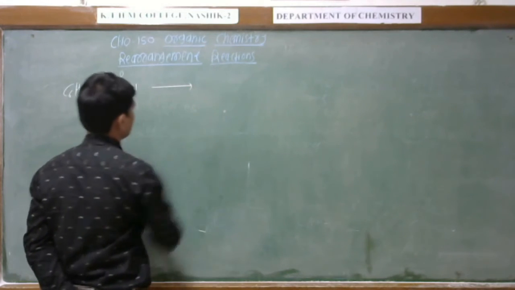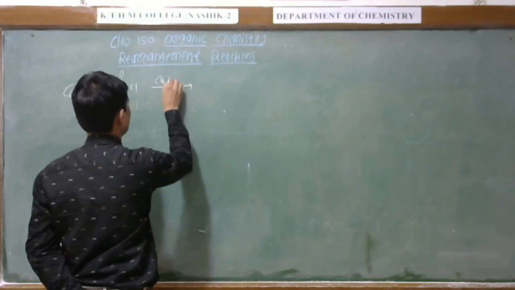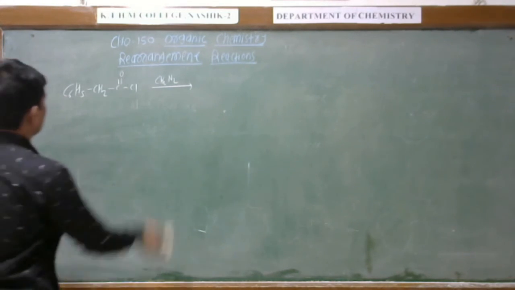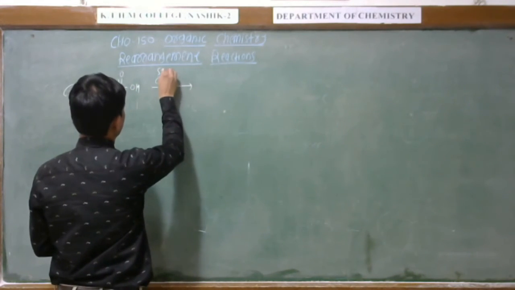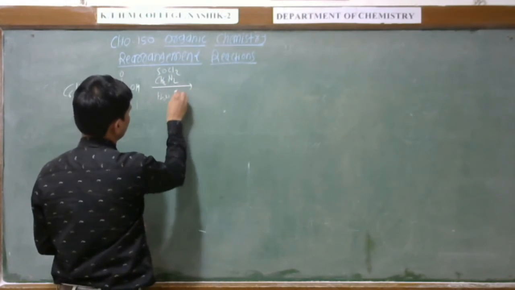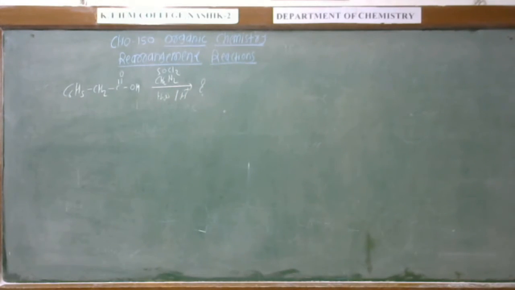When it reacts with diazomethane CH2N2, and then acidic water. Here is the acid: firstly, it reacts with thionyl chloride, then diazomethane to give the diazoketone, and then acidic water. So what will be the product? We have to solve this example in the Wolff reaction.